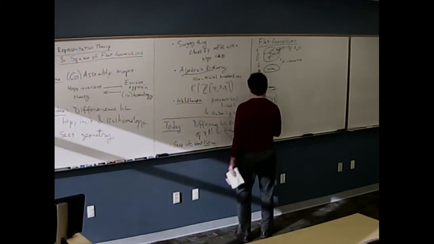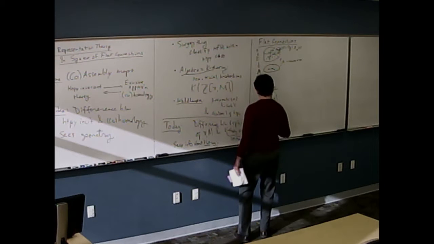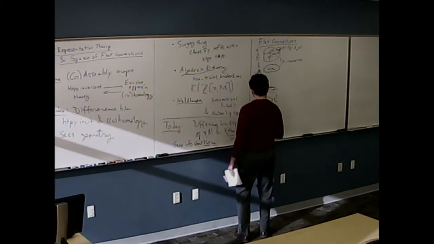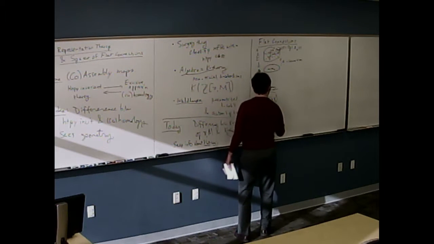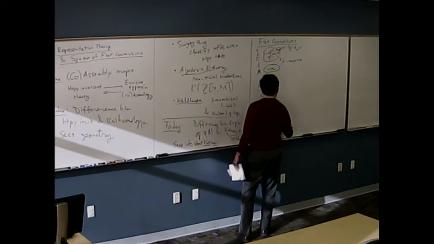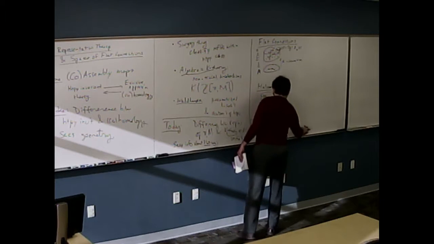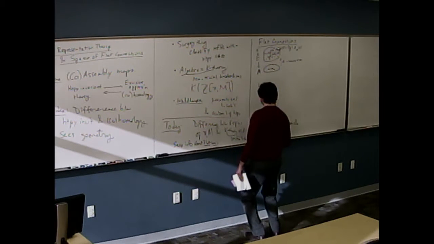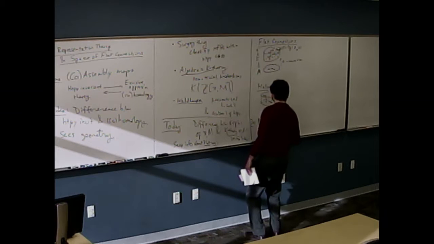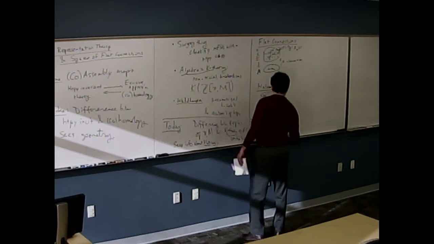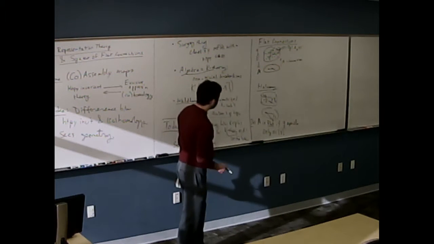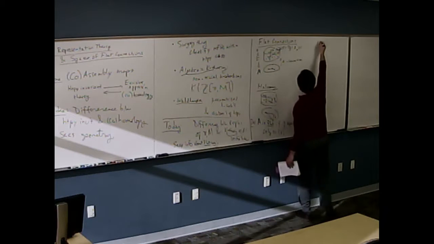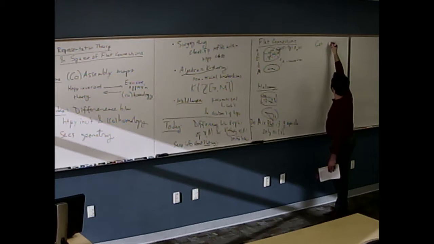So A is flat by definition if G depends only on the based homotopy class of this loop. And then we get a representation.